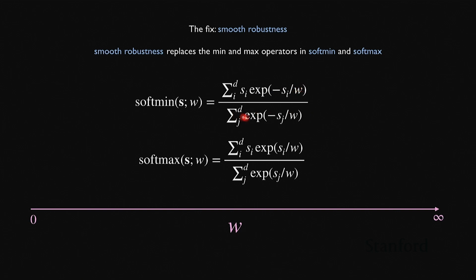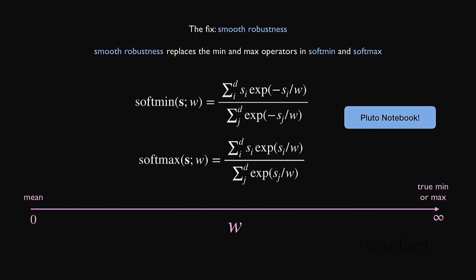And so we get 1 down in the denominator, and then we just get SI in the top. And so it's just going to approach the average of all of those points that we had in our signal. And then if W equals infinity, it's going to approach the true max or min. And so we have this way to smoothly trade off between the two.